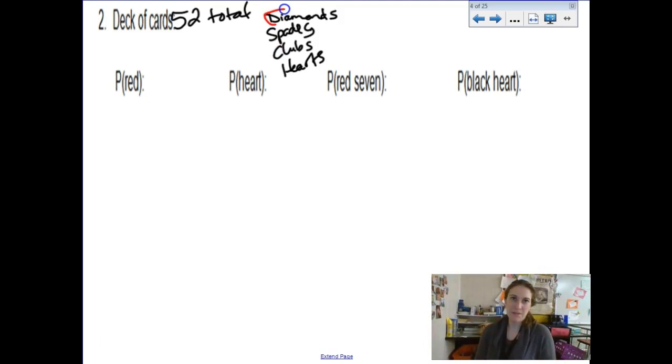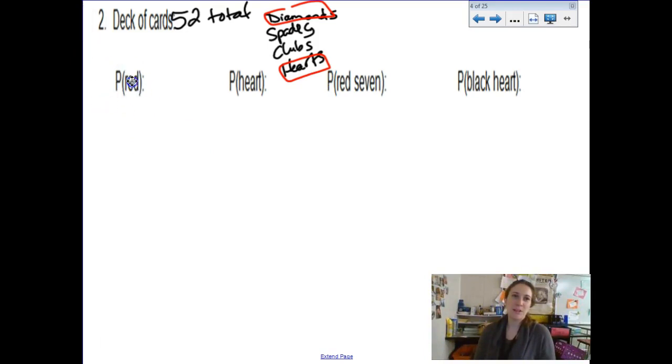Remember that diamonds and hearts are red, and spades and clubs are black cards. Within each suit we have 13 cards, 2 through ace, or ace through king, however you want to denote the ace. Whenever I say something like a face card, they're referring to things with faces. So king, queen, and jack would be our face cards. And we're not going to argue over whether ace is high or low, because that could depend on the game, so that's not notation that I need you to think about.